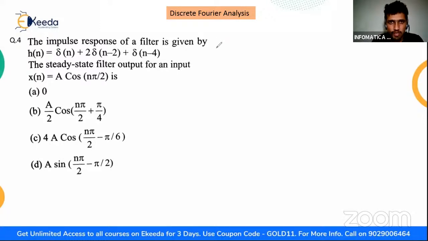We know that the output y[n] of an LTI system is given by x[n] convolution with h[n]. So one method is this: you just have to do the convolution. Method 1, so we will be doing simple convolution.